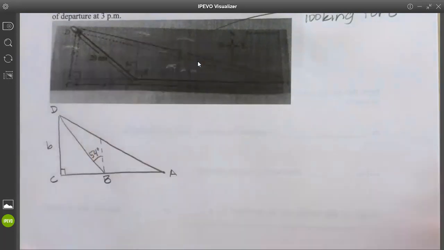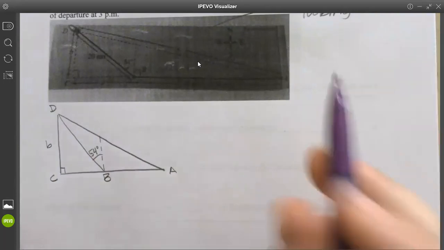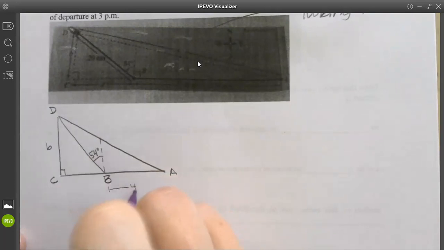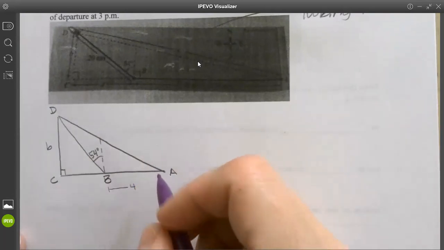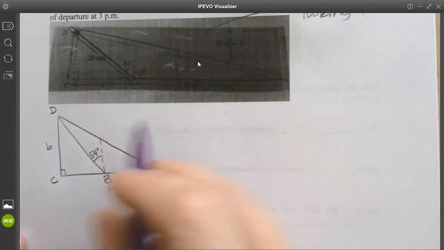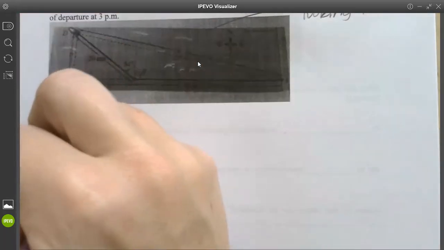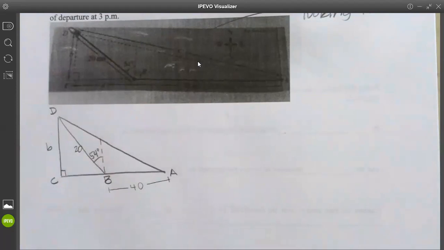This is all in the picture, so don't think that I'm getting it from nowhere. From A to B is 40. And I think that's all the picture gives you. So this side is 20.